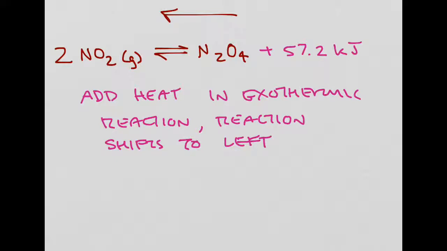And then obviously you could imagine doing just the opposite. If instead I withdraw heat or I cool the system, in a sense what that's doing is it's taking away, it's like lowering the concentration of the product on this side. And so if that's the case, because it's an exothermic system, it's going to make the reaction shift to the right.